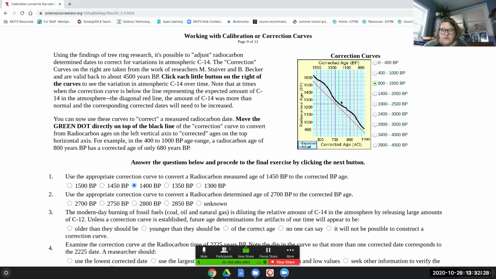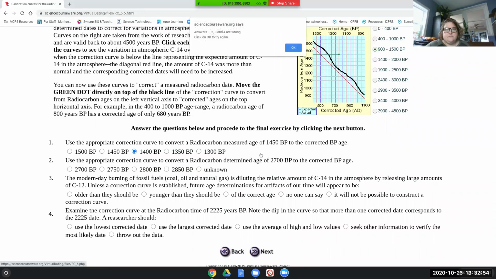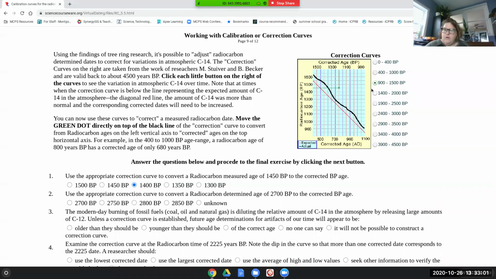So if you go here to 1450 on the Y, it corrects to maybe 1200 or 1250, which is also not an option. Let's see if it likes this answer. Nope, it says 1, 2, 3, and 4 are wrong.